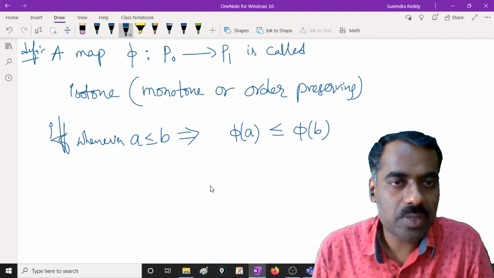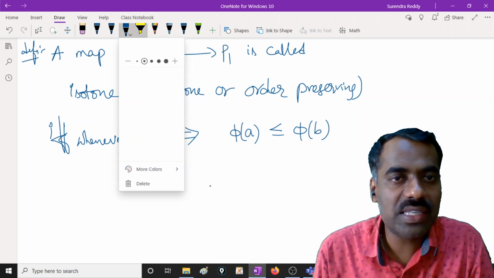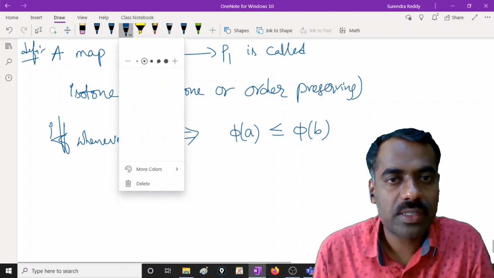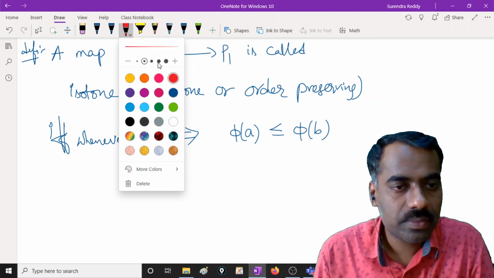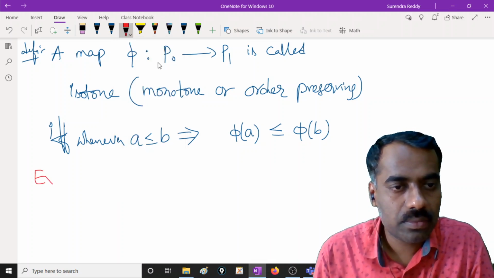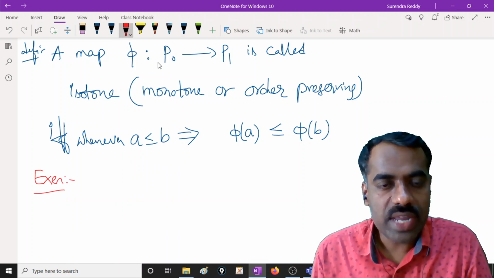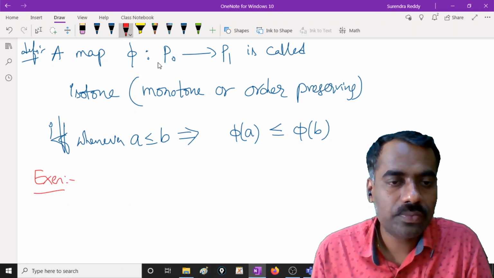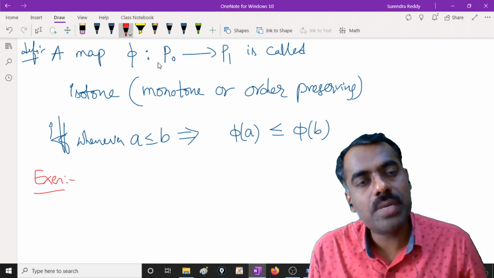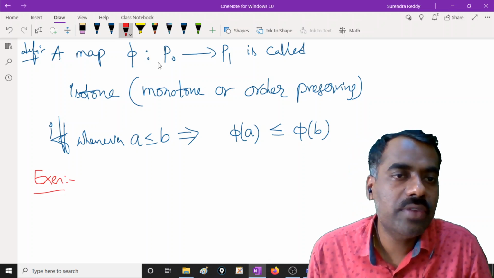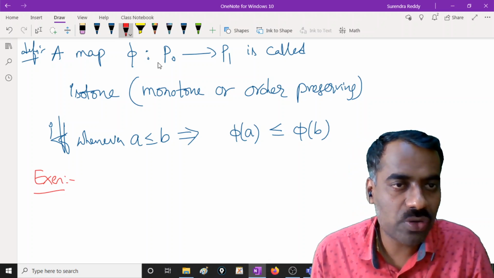You can have a small exercise and prove, given all these definitions, that any meet homomorphism, join homomorphism, or homomorphism will become an isotone map.